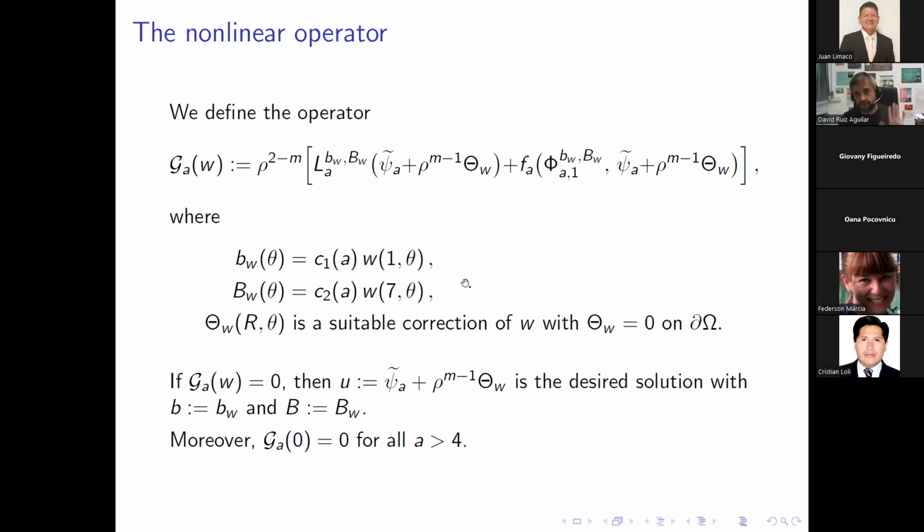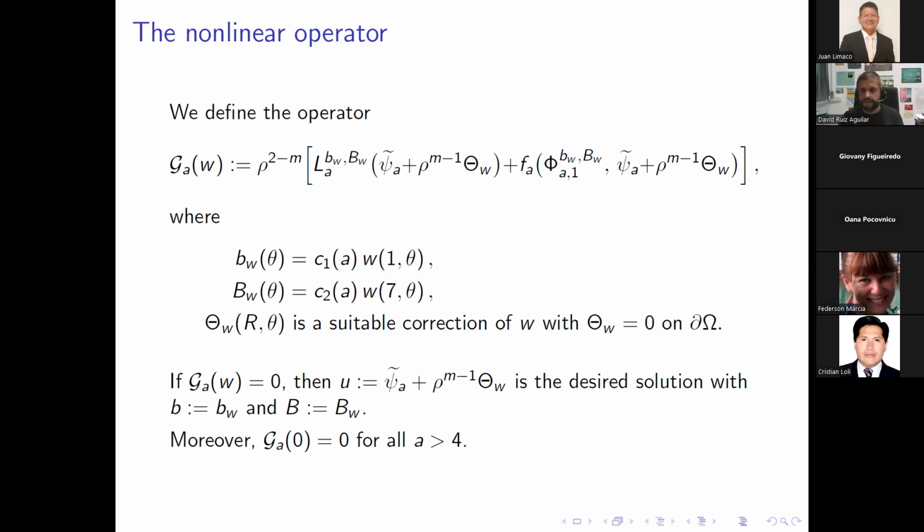W is not zero at the boundary, not necessarily. The values at the boundary are the modifications of the changes on the domain. But then we correct it to make it zero at the boundary, and this is the function. So this function here that I will call U would be a solution to the problem when you go back to your original domain via the diffeomorphism.